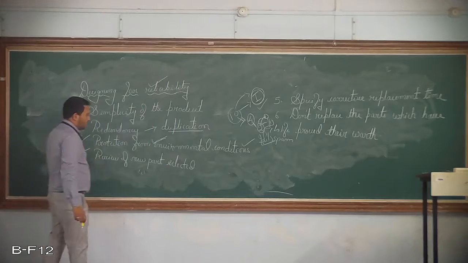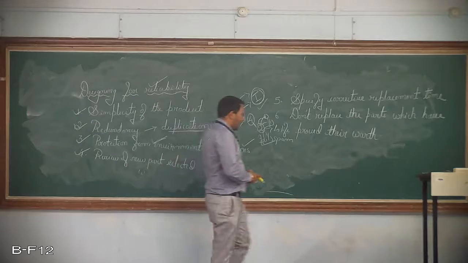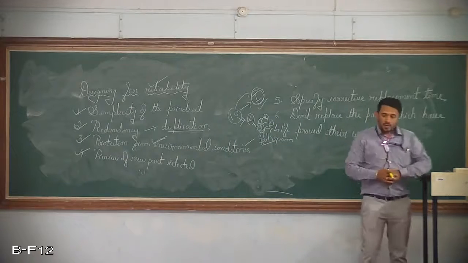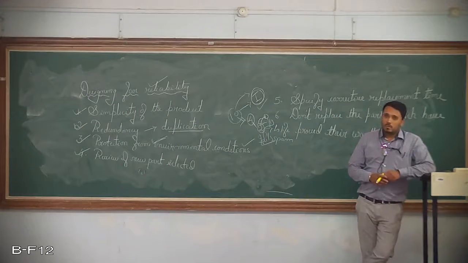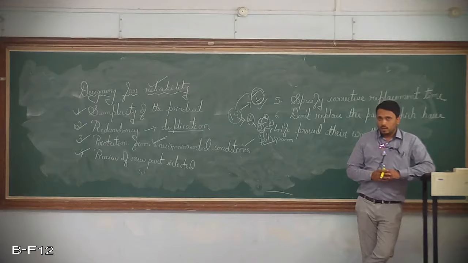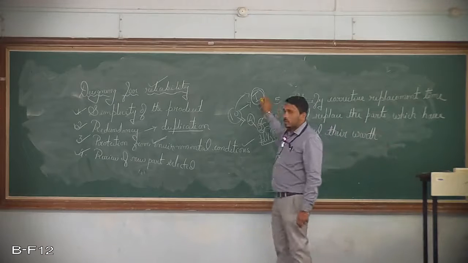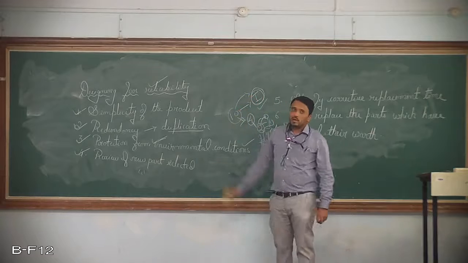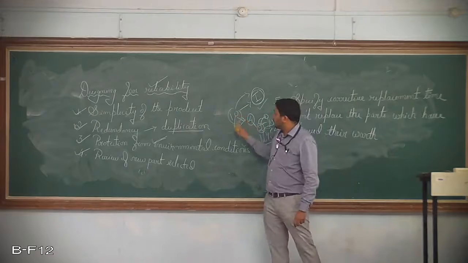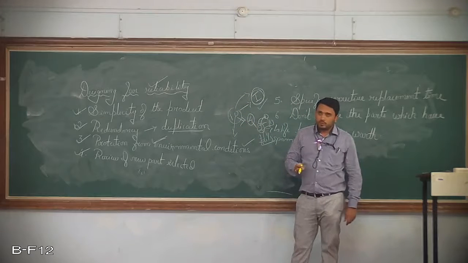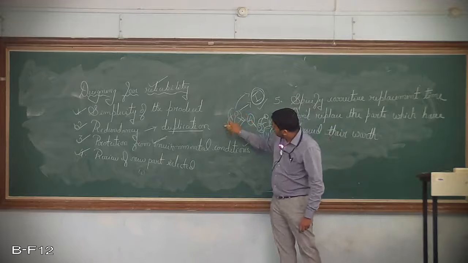The next is the review of new parts selected. Suppose a time will come in designing a product, when we will be using some 10 parts, and one of the suppliers of these parts backs off, or the company itself shuts down.